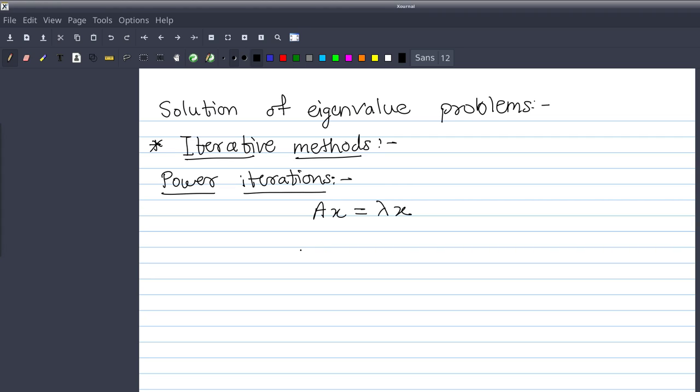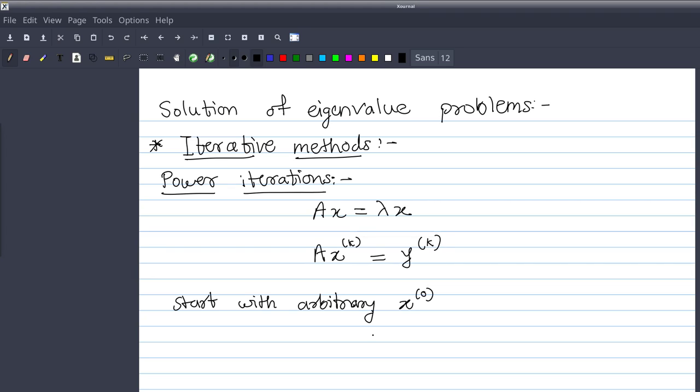In case of power iterations, the scheme is very simple: A x_k = y_k. You start with some arbitrary vector x0 as your eigenvector. Any vector that you choose is fine, the only thing is that it should not be 0 0 0, because that's a trivial answer.